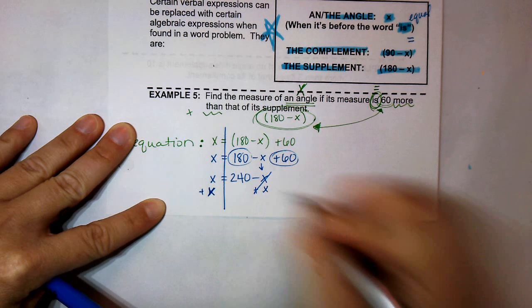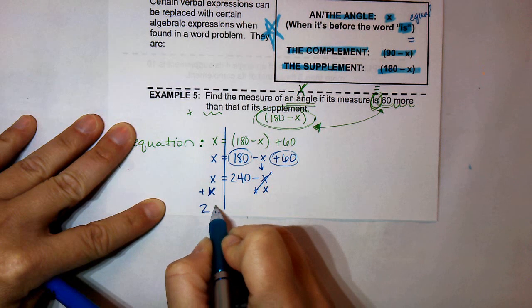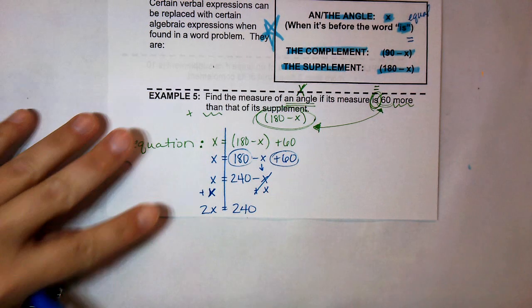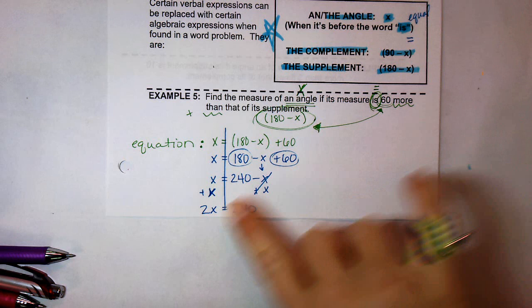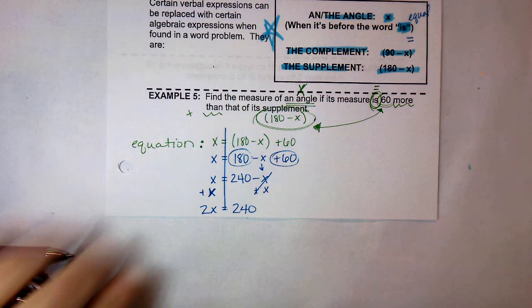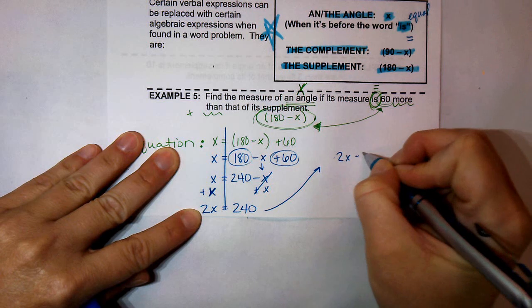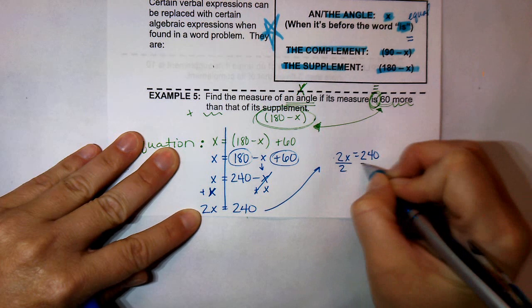So that goes away on the right, and then I have x plus x equaling 2x equals 240. So I moved the x from the right to the left. And then my last step, good, divide by 2. Okay.